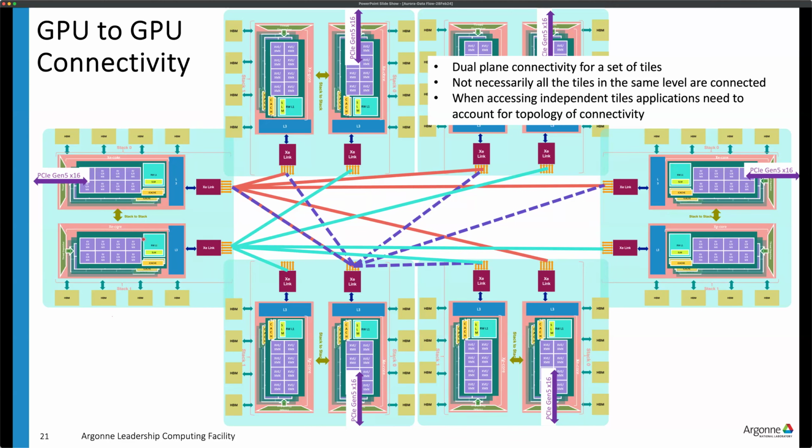Another thing is when you have the tile, as I mentioned, one of the first stacks is only connected to the PCI endpoint to the host. Therefore, there could be some worst case scenarios where an adjacent tile is where the communication really happens. If you need to move the data from that to the host, it might need to go through the neighbor's stack or the different tile's PCI endpoint and then through the host.